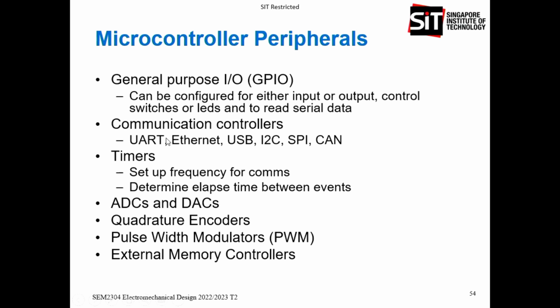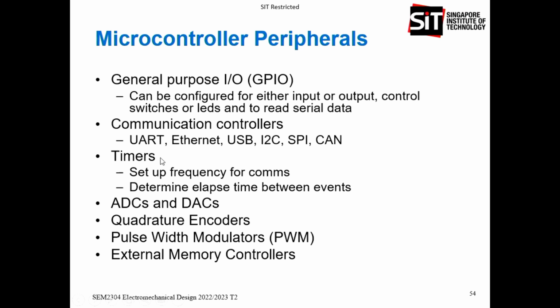Okay. Then we also have timers. Okay, what do we use the timer for in the microcontroller? Sometimes you need to measure time. Okay, so the timer can be used. Let's say for example, you want to set up a PWM signal. You can make use of the timer to set up the output frequency for your PWM.